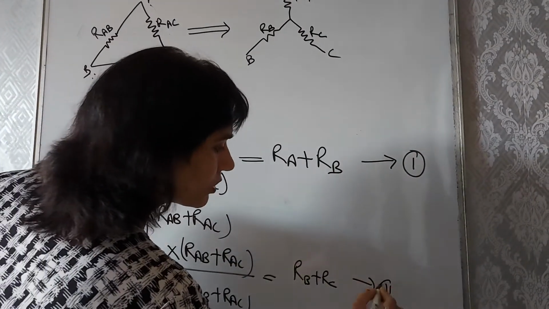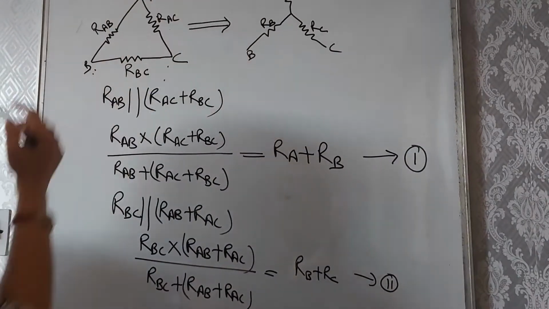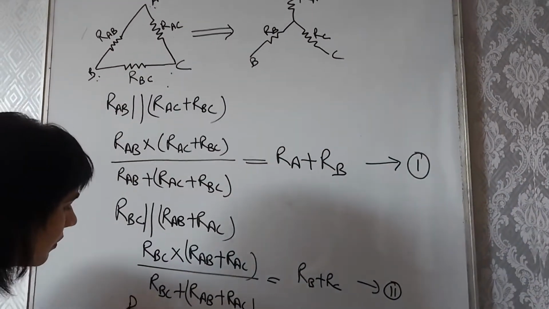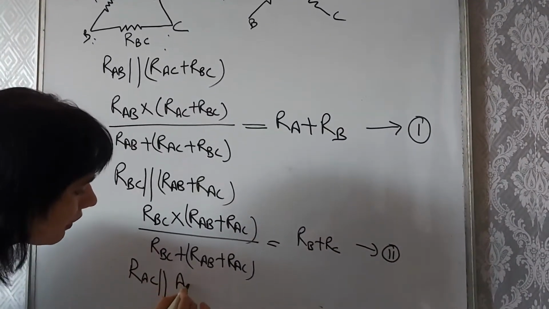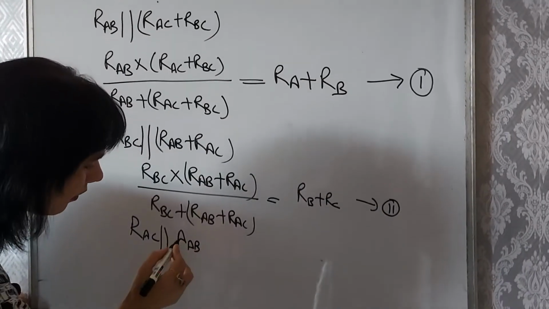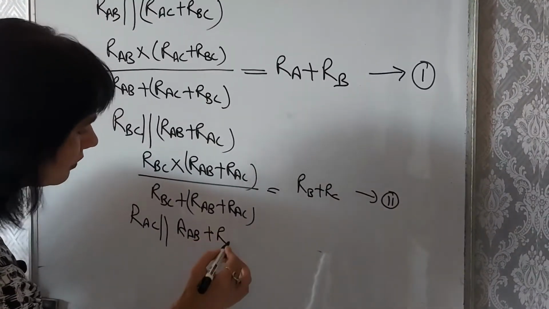This is equation 2. Similarly, when A and C are open, then RAC in parallel with RAB plus RBC.